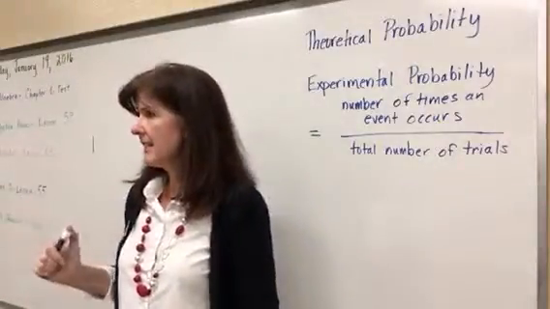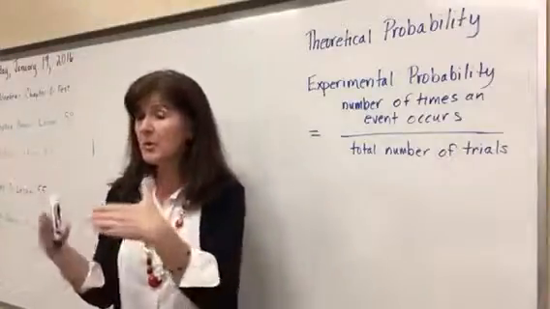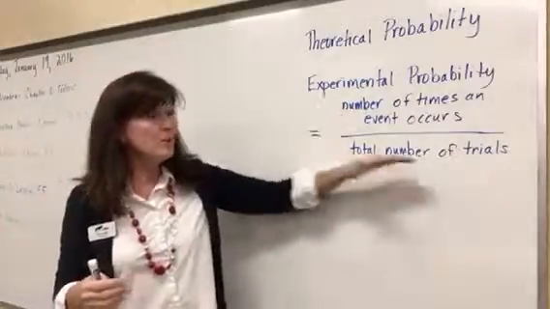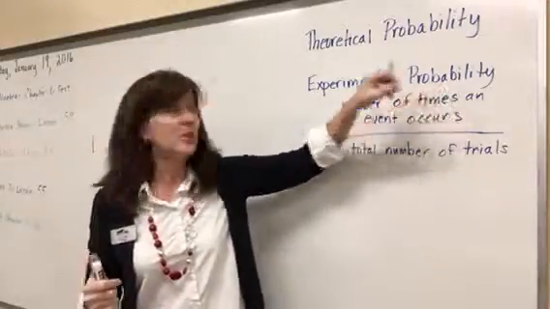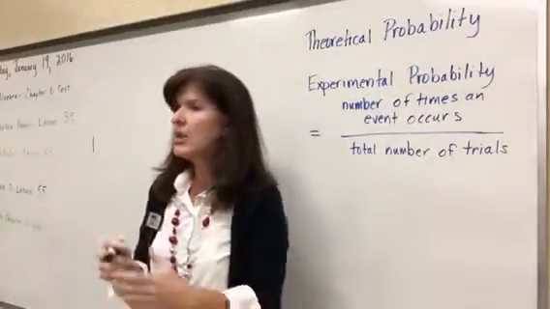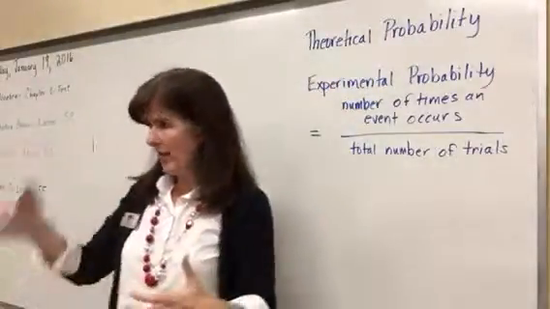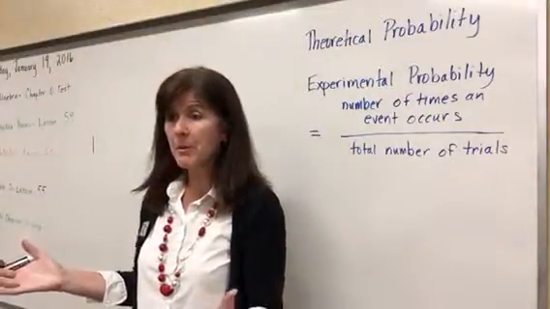Any ideas? You're always going to get 1/2. It's not always, but it's going to be closer and closer. So the more trials I have, the closer the experimental probability will come to the theoretical probability. So the more I toss a coin, the more accurate my experimental probability is going to be.